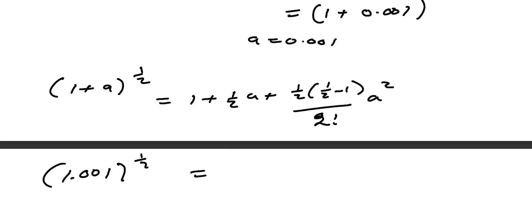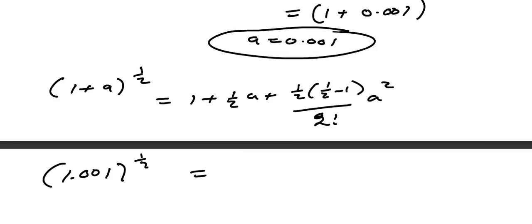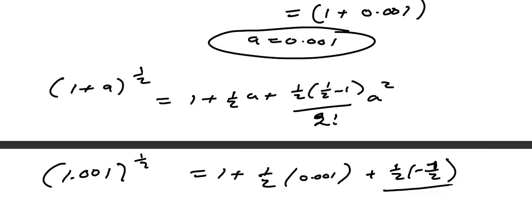Where there is a, we can now put it back, because we know a is 0.001. So we put back this expression. This is 1 plus half of 0.001 plus half times negative half, over 2, times 0.001 to the power 2.